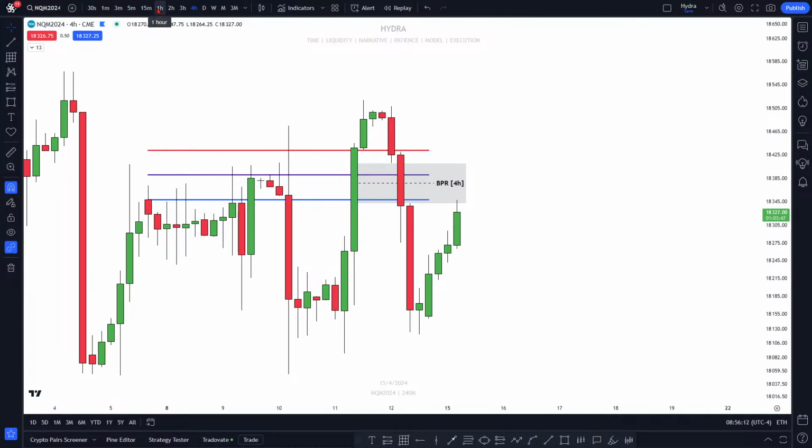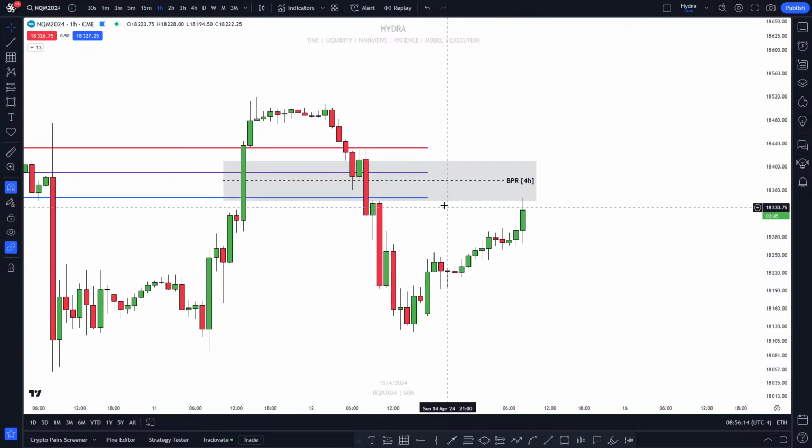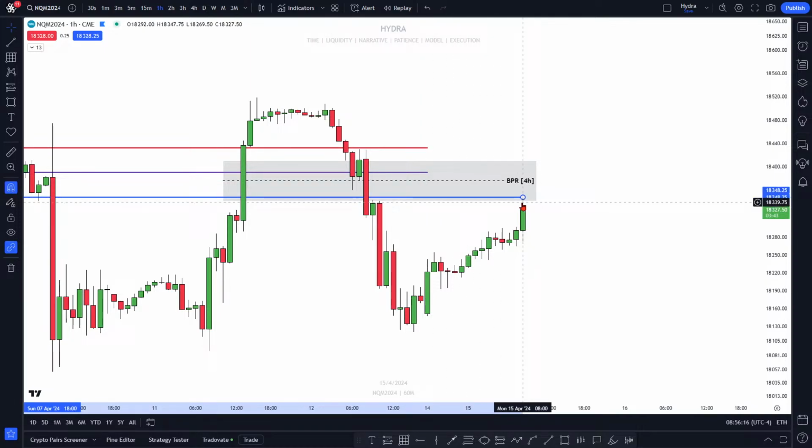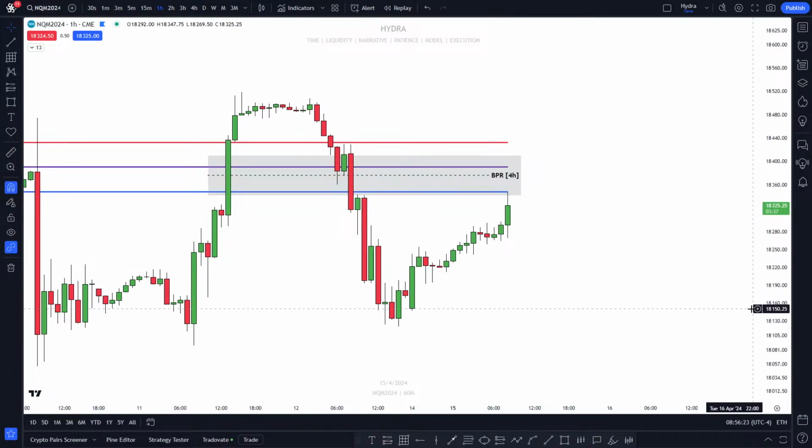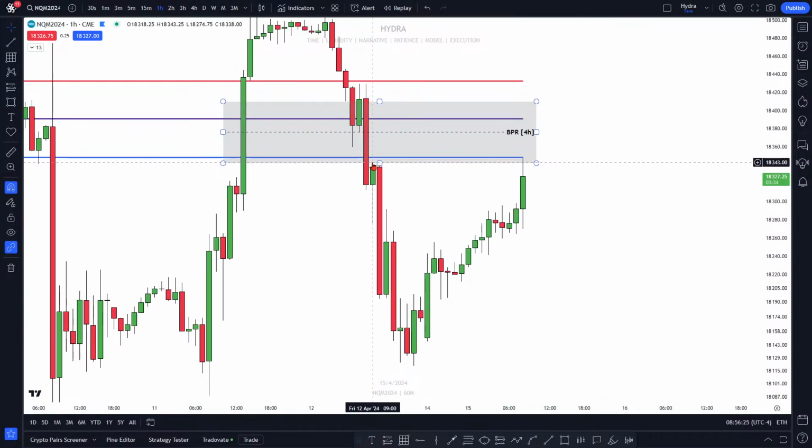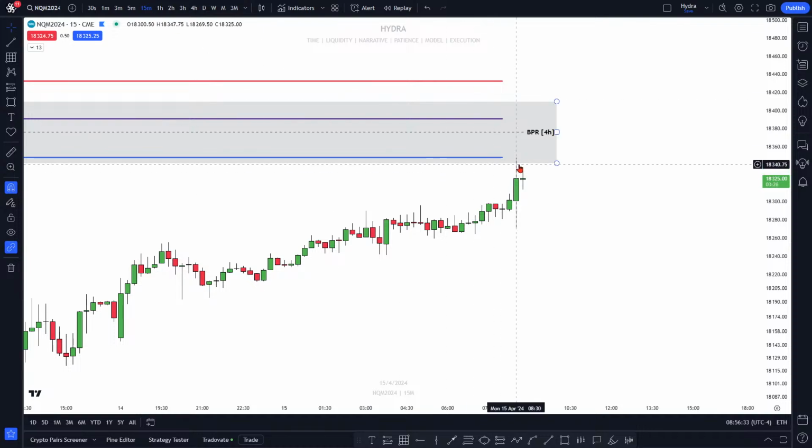Now I'll be dropping down to hourly chart. We already did a stop hunt up here, touched the fair value gap, touched the BPR, also the low. I think we touched it as well.